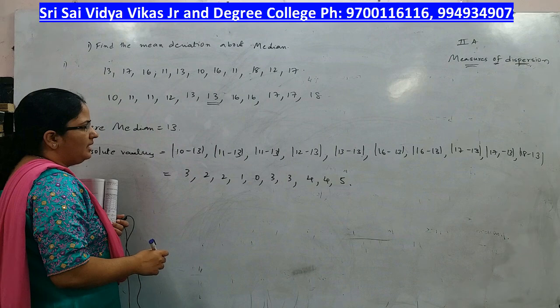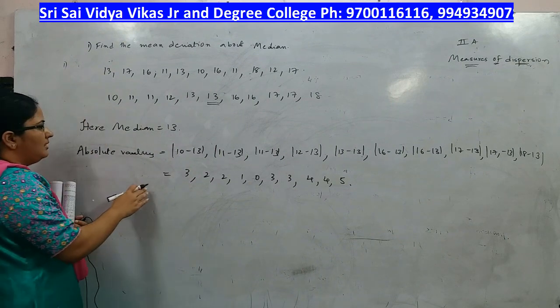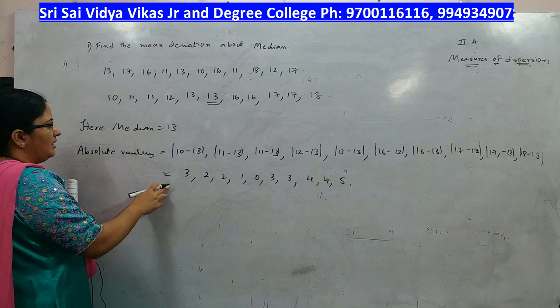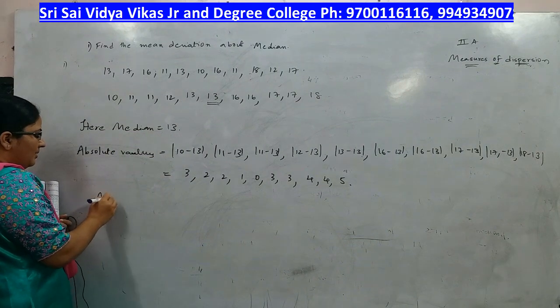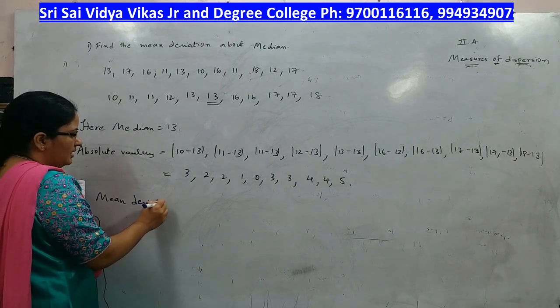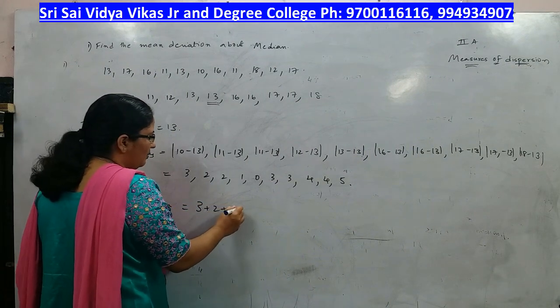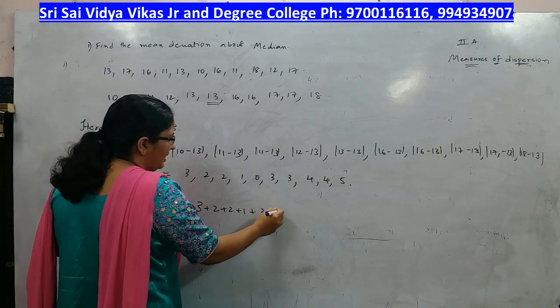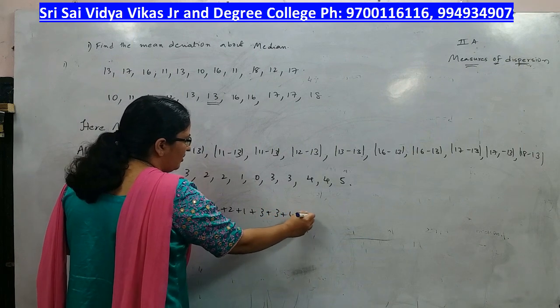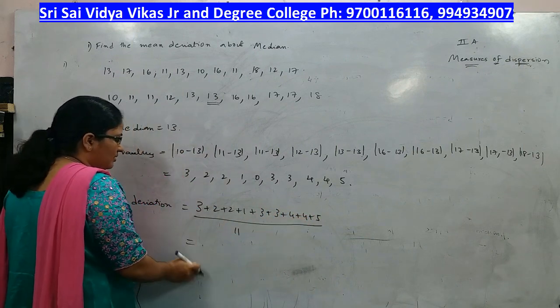Now you have to find mean deviation about median. Mean deviation is equal to 3 plus 2 plus 2 plus 1 plus 3 plus 3 plus 4 plus 4 plus 5 by how many values you have altogether? 11 values.